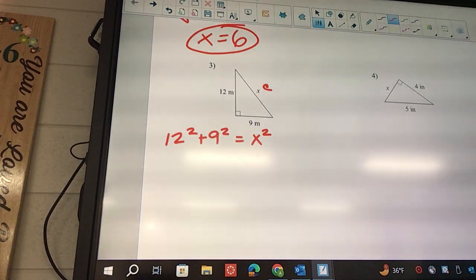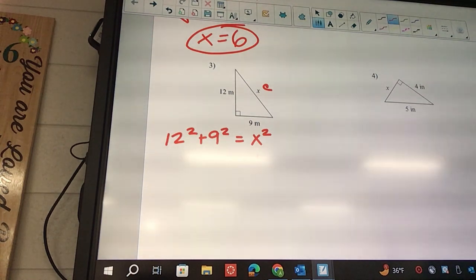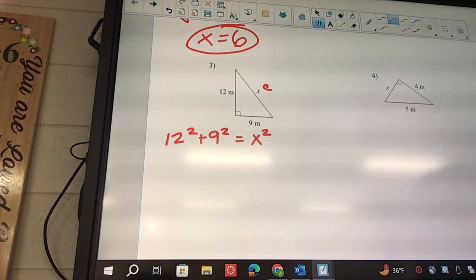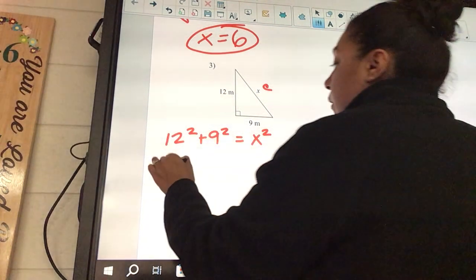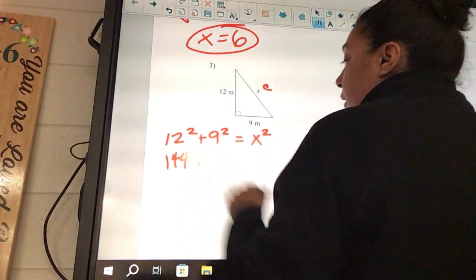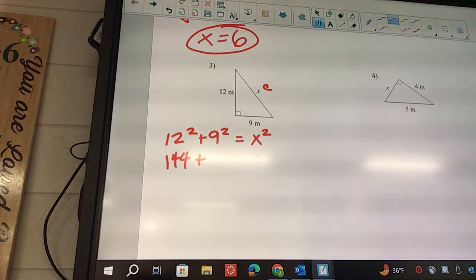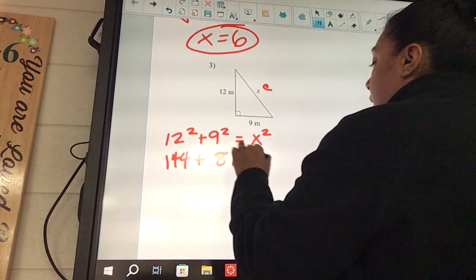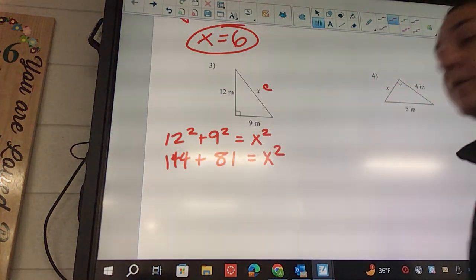Well, what is 12 squared? 144. What's 9 squared? 81 equals x squared.